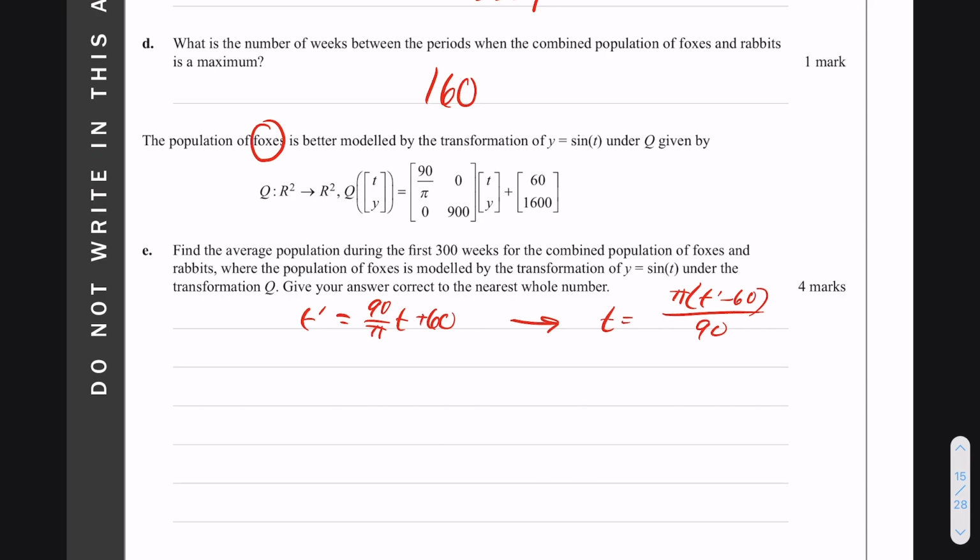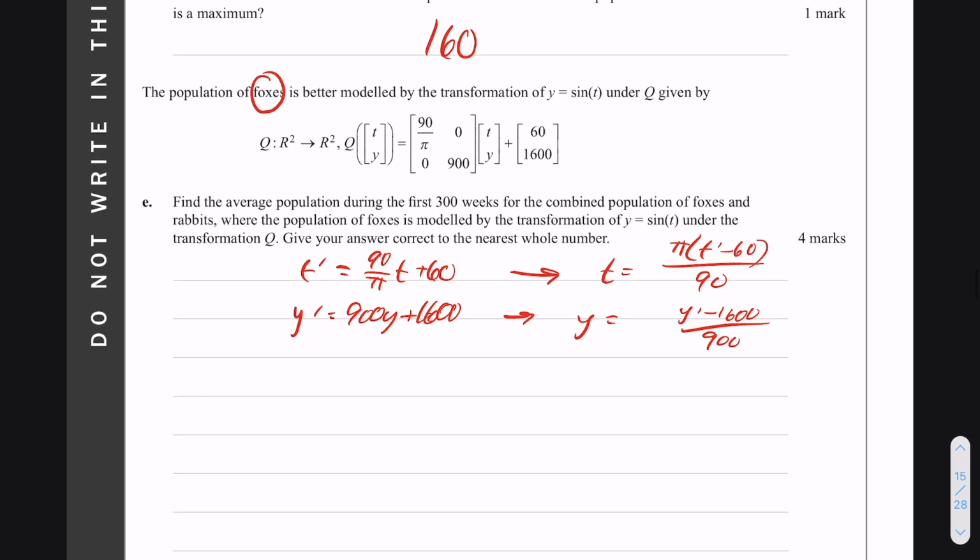Then y dash is 900 y plus 1600, which makes y equal to y dash minus 1600 over 900. So now instead of y we have y dash minus 1600 over 900, that's equal to sine of t, but instead of t we have pi t dash minus 60 over 90.